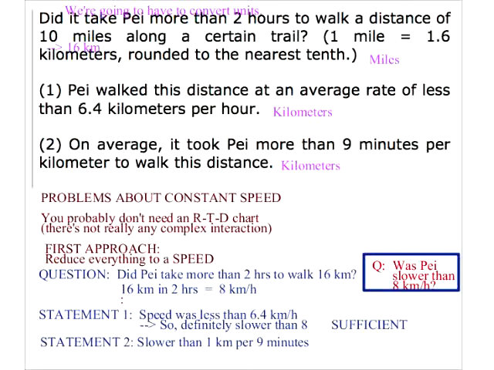So this is slower than 1 kilometer per 9/60th of an hour. That reduces to slower than 60/9 kilometers per hour. 60/9 is only like 6 point something, so that's also definitely less than 8.